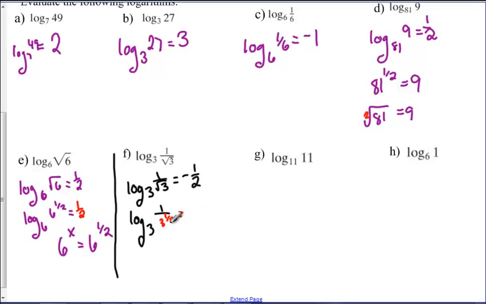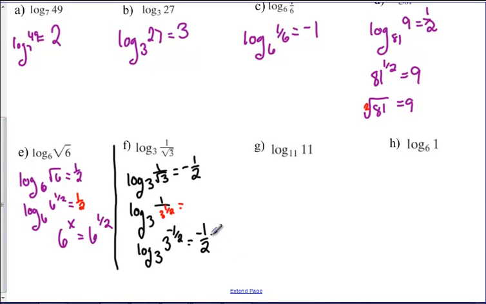And then we can take it up top by making it a negative power. So log base 3 of 3 to the negative 1/2 power equals, and that's where we're getting our negative 1/2. Just because it was square root.